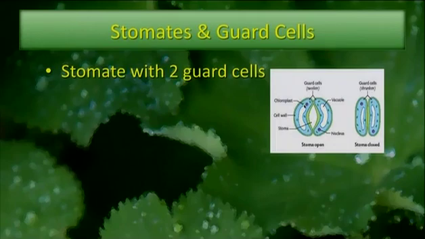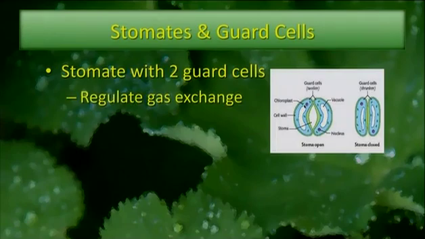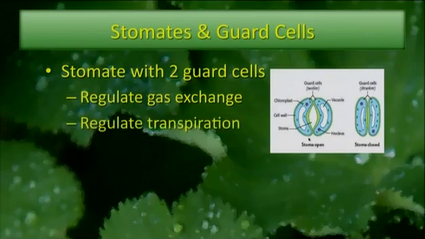Another important function of the stomate, of course, is to regulate gas exchange, like we talked about earlier. Carbon dioxide goes into the stomate, oxygen gas comes out of the stomate, oxygen gas being a byproduct of photosynthesis, carbon dioxide being used in photosynthesis. And they also regulate transpiration.